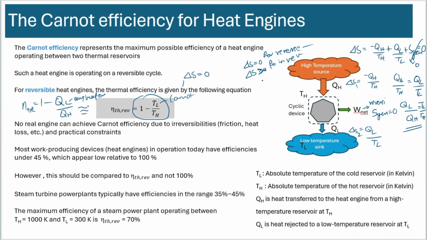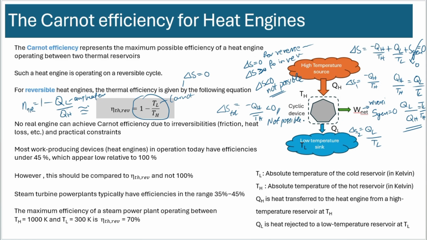Delta S less than 0 is not possible for the whole system plus surroundings. So what does that mean? You cannot have a system where you only have QH at TH and everything is converted to work. If there were no QL losses, then your total delta S would be minus QH over TH, less than 0. Not possible.